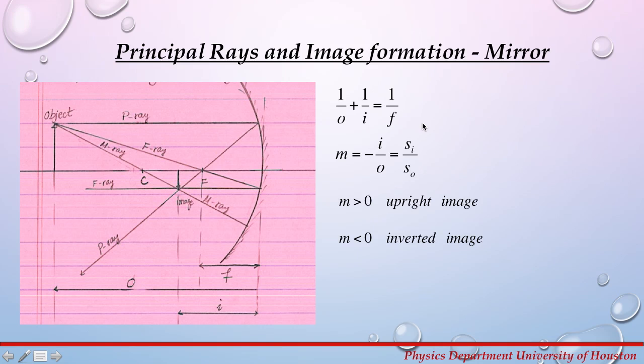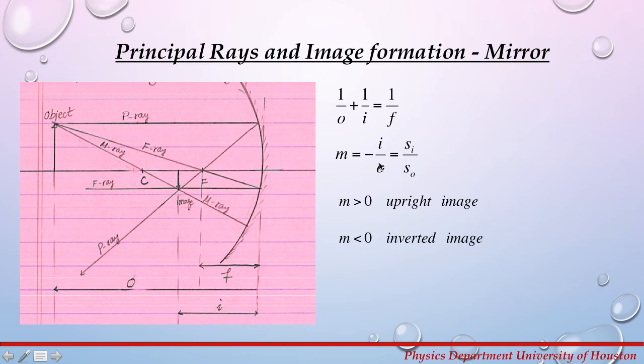Same as for the lenses, you can use the thin lens equation. If you know the object distance and the image distance, you can calculate the focal length of this mirror, and then the magnification of the image is given by this equation.